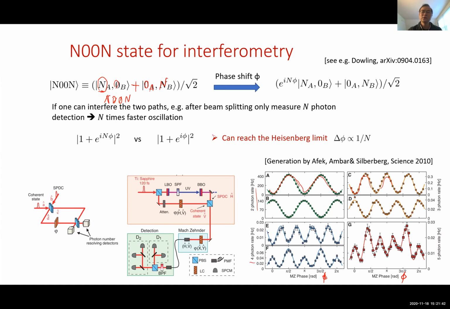In the case of 4 photons, it oscillates even faster. For 5 photons, the fidelity with the ideal NOON state is perhaps not so good, so the oscillation is not so regular, but you see that it oscillates faster than the other cases.